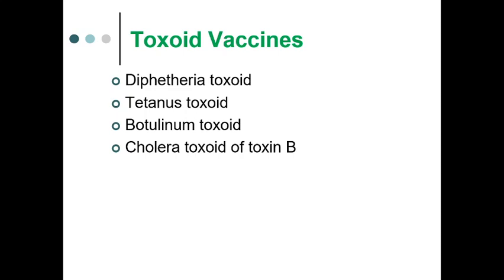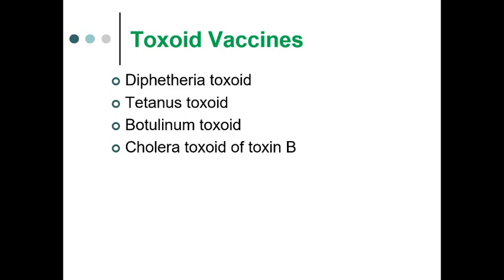Therefore, it is essential that to prevent the detrimental effect of these toxins if the infection takes place, the toxins can be converted into harmless material by converting them into toxoids.